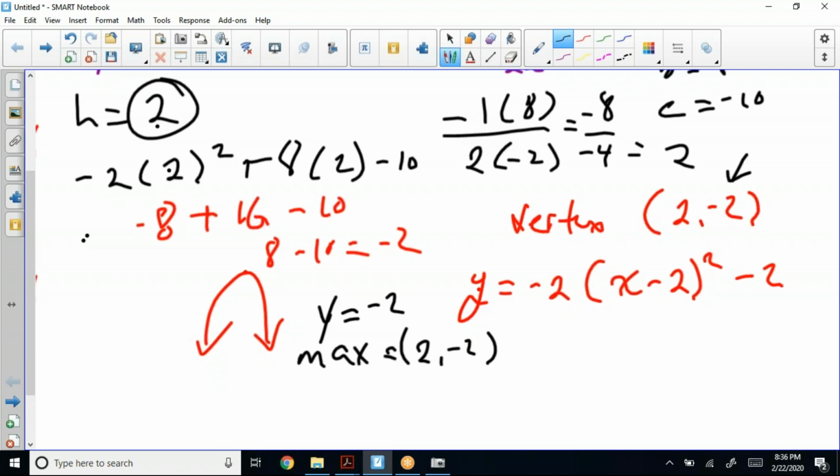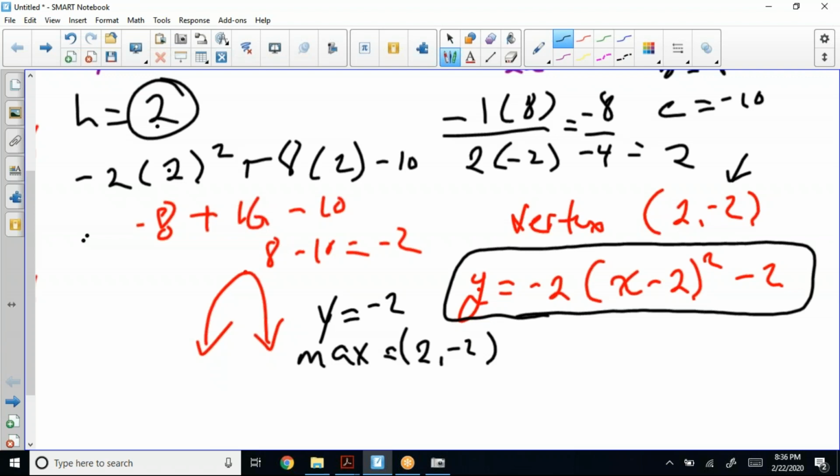Okay. What else can they ask you about that? They can ask you about shifts, right? So if we look at this right here, from a quadratic transformation standpoint, it's going 2 to the right and 2 down. It's being reflected and it's getting closer to the y-axis.